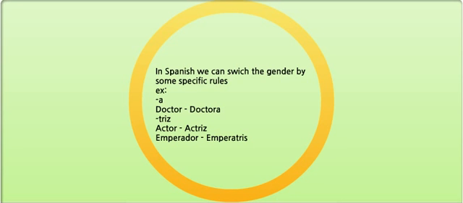And we have the triz termination. We have these examples, actor and emperador, which are masculine, turn into actriz and emperatriz. Sorry there, I forgot, I put an S and it wasn't Z. I'm so sorry.